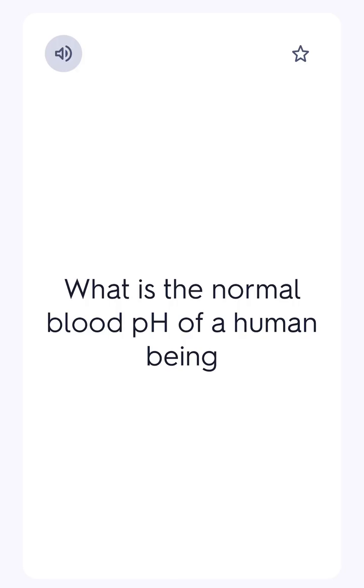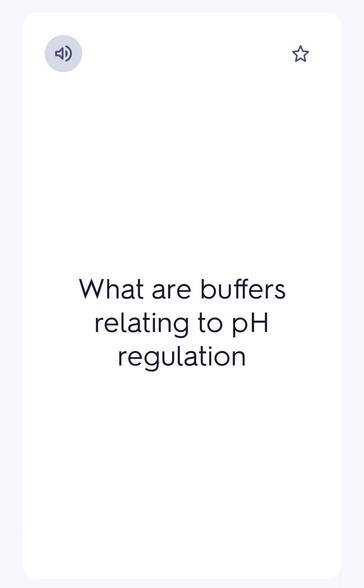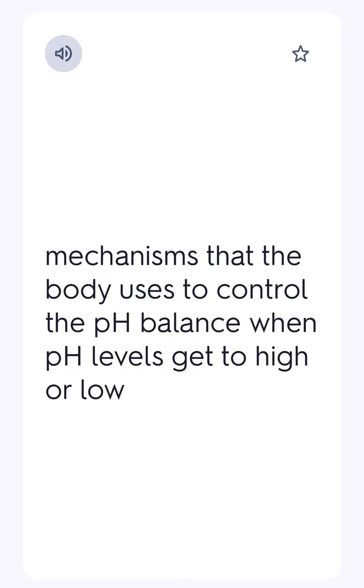What is the normal blood pH of a human being? 7.35 to 7.45. What are buffers relating to pH regulation? Mechanisms that the body uses to control the pH balance when pH levels get too high or low.